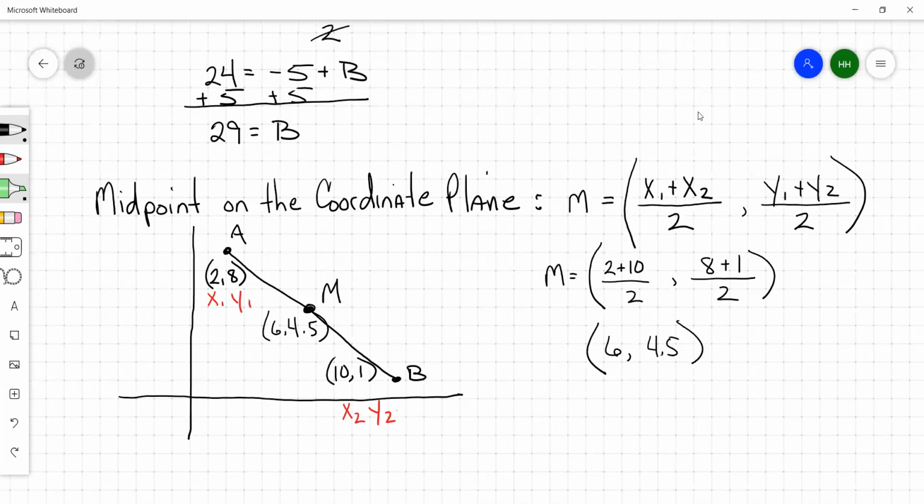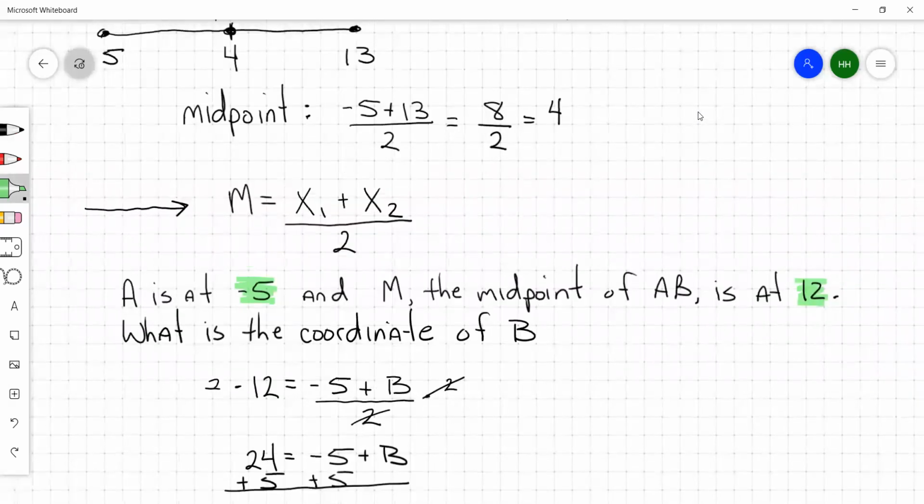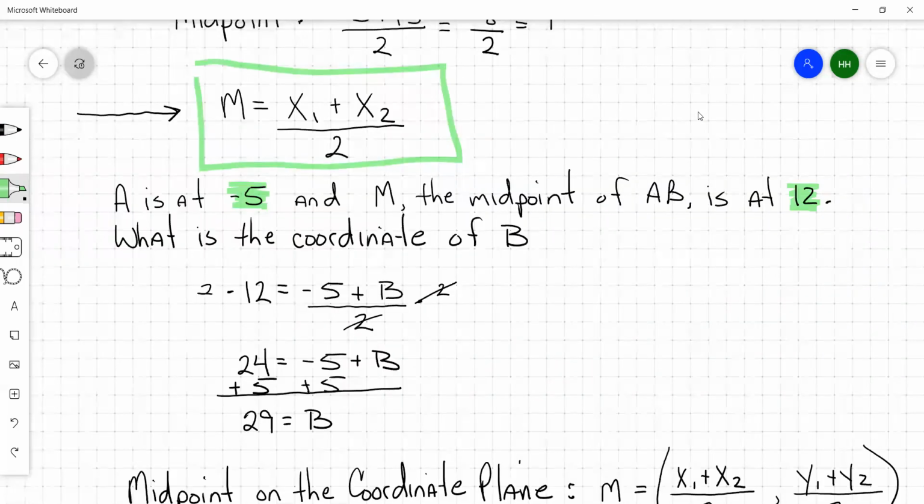You could actually take this formula right here, and you could do this for the x's, and then do the same thing for the y's. All right? You'd have to do this formula twice. If they gave you the coordinate of the middle and they gave you one of the x's, you have to find the other x using this formula. You would do the same thing to find the y.